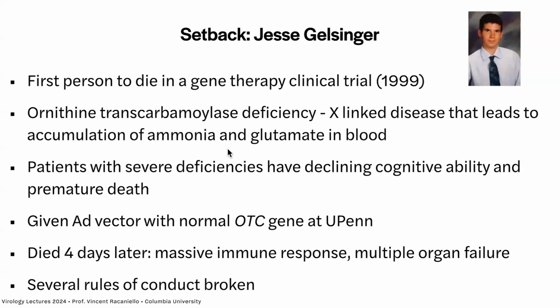So the idea here was to give an adenovirus vector with the normal OTC gene. They started a trial at the University of Pennsylvania. They had 18 persons enrolled. Jesse was the 18th person to receive the therapy. 4 days after he got it, he died of a massive immunoinflammation, immune response, and multiple organ failure.